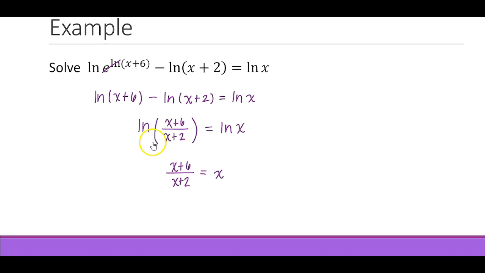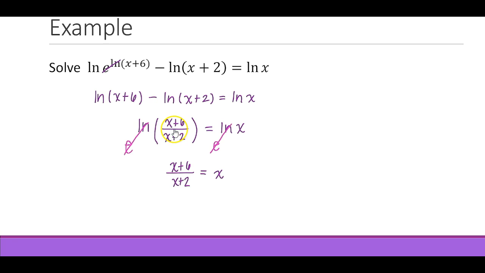I can basically ignore the natural logs. The other way to think about this is I'm exponentiating both sides. So I could think about it as e to the natural log of the quotient x plus 6 over x plus 2, and then e to the natural log x. So the idea being that the e and the ln, e raised to the ln, cancel, and I just have the insides. But I don't even really have to show that part.